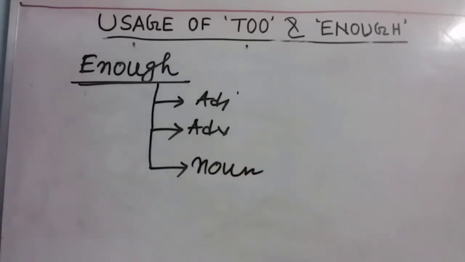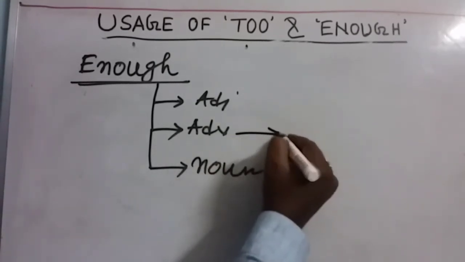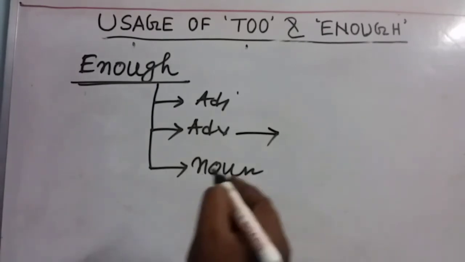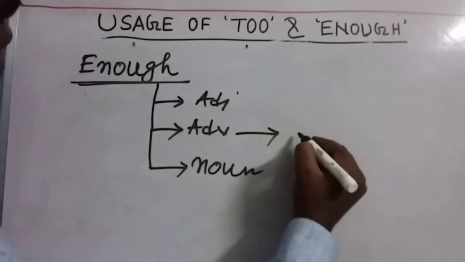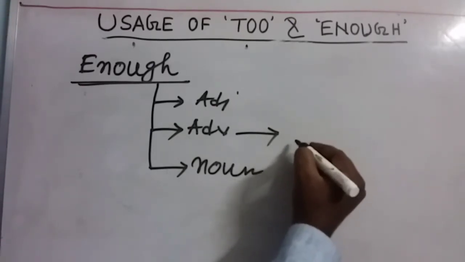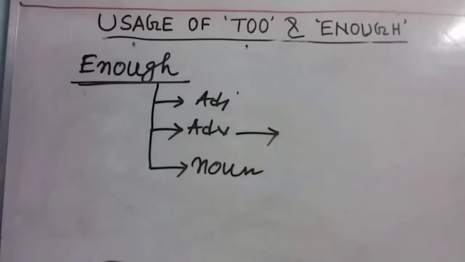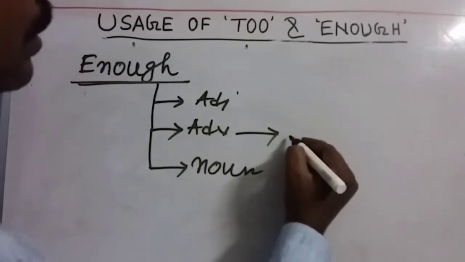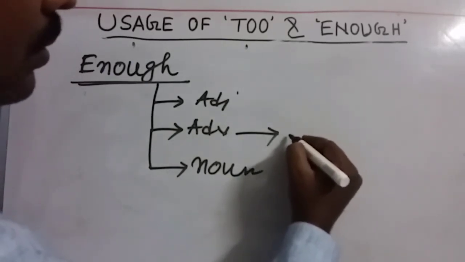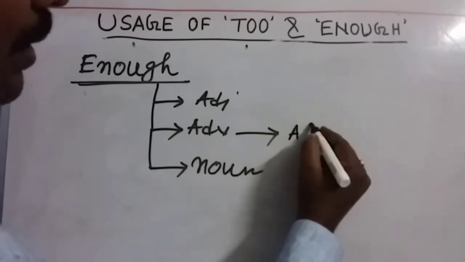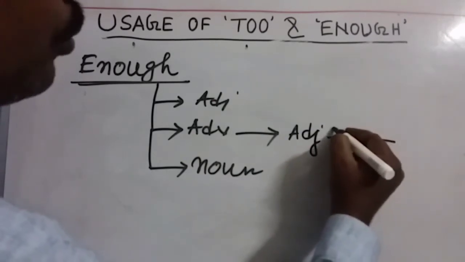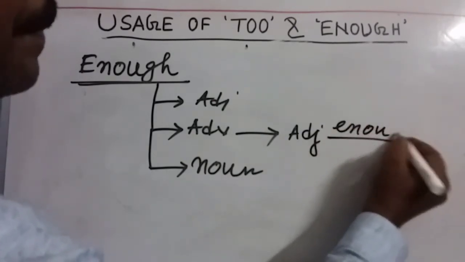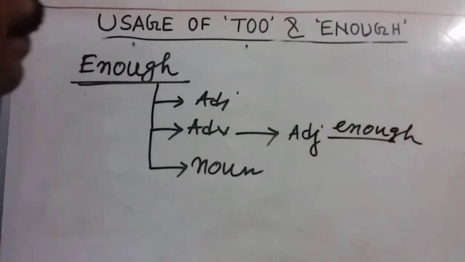But the fact is that whenever it is used as adverb, it is placed after the adjective or verb or the adverb in the sentences. That means at first there will be adjective, then we have to write down enough.